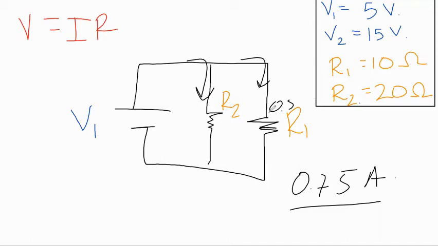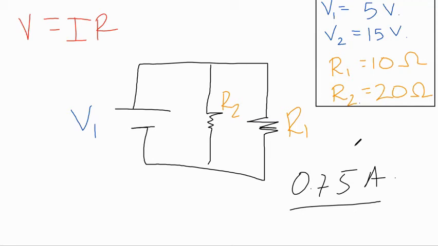Now the reason why we're able to use the same 5 volts and get different values of currents is a result of two laws by a man named Kirchhoff, which demonstrate how current itself travels through a circuit, and also how voltage works as well.